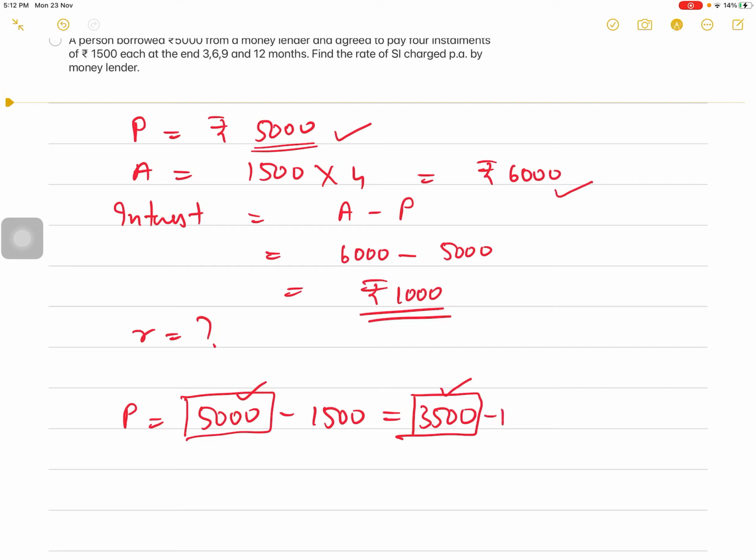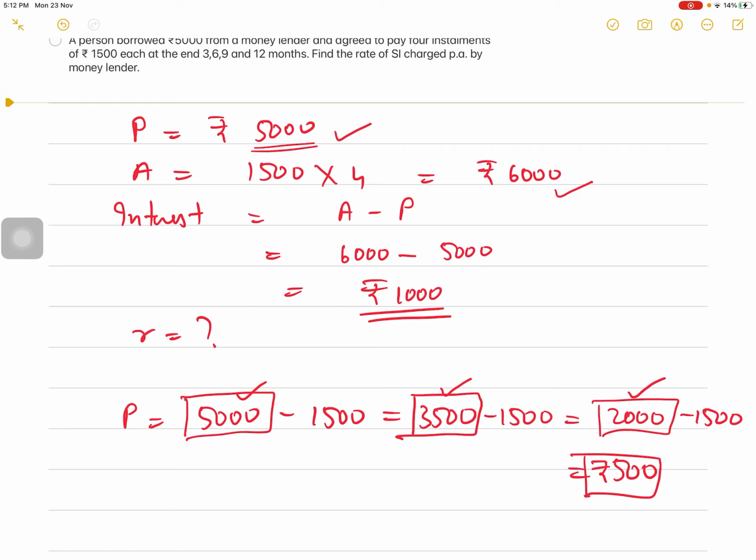And after the 6th month, again 1500 is paid. And now the principal amount is 2000. So for the next 3 months, that is from 7th month to 9th month, principal amount is 2000. Again 1500 is paid after the 9th month. Now the principal is rupees 500.